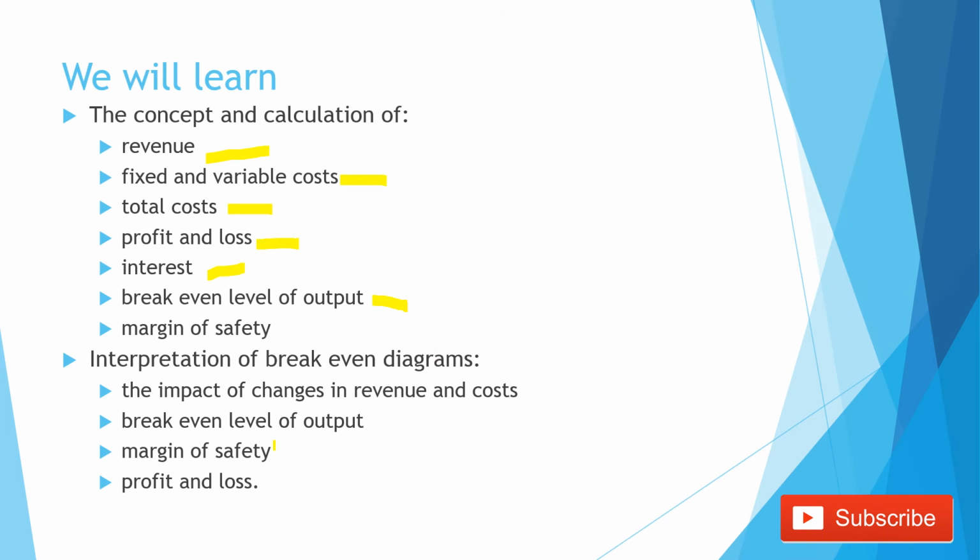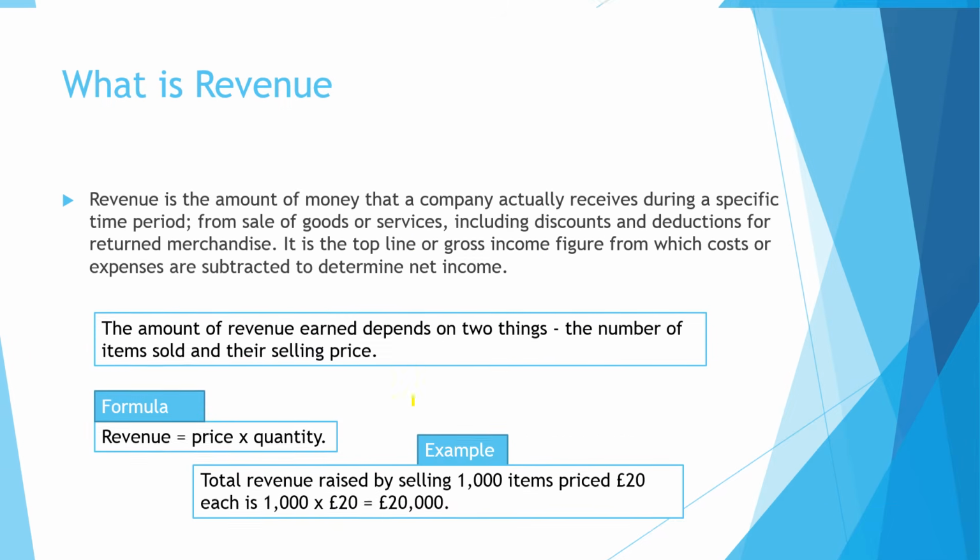So we will understand what break-even level of output is. We'll understand margin of safety, where margin of safety is within a break-even chart, and we will understand profit and loss areas within break-even diagrams, and then we'll understand the impact of changes in revenue and cost.